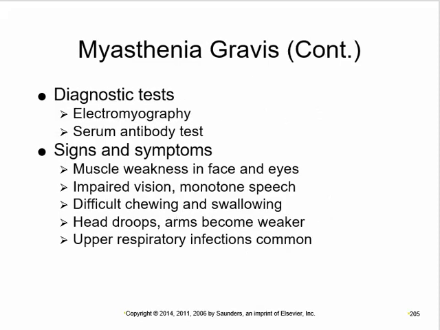So we look at it by electromyography. We see how the muscles are being stimulated. They look for the antibodies. The history and the signs and symptoms really are this muscle weakness, especially in the face and eyes. That's it. Difficulty looking at things. Speech problems.